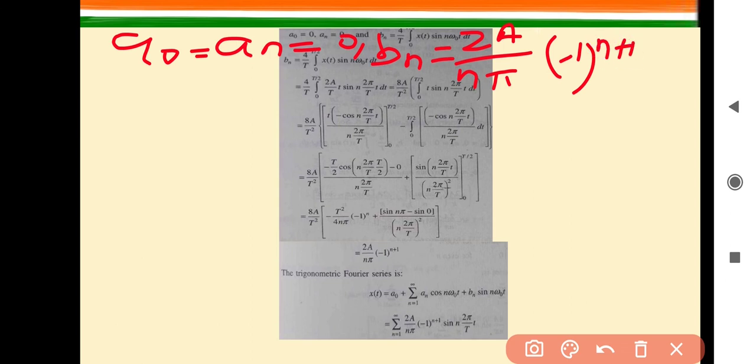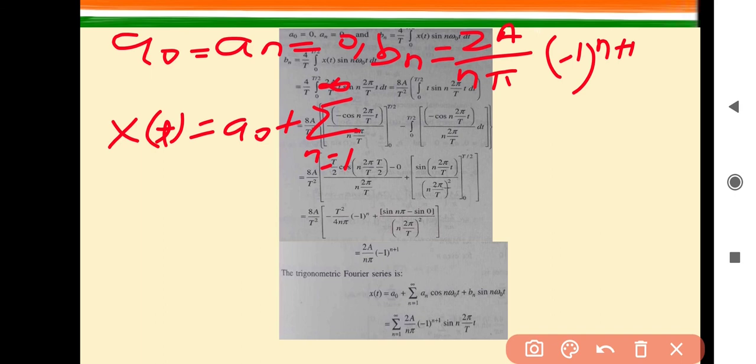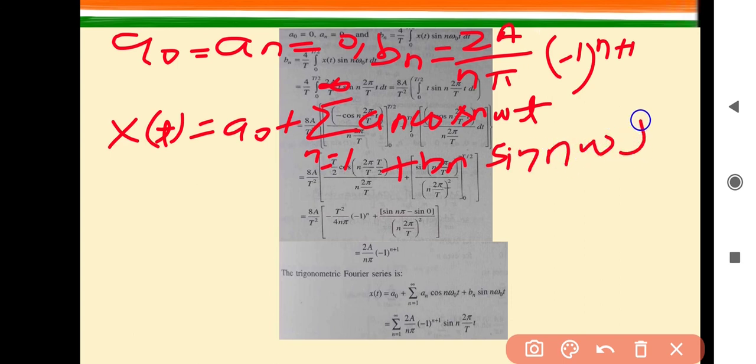Now put all these coefficients in the relation to obtain the Fourier series of x(t), which is equal to a naught plus sigma n is from 1 to infinite an cos n omega t plus bn sin n omega t.